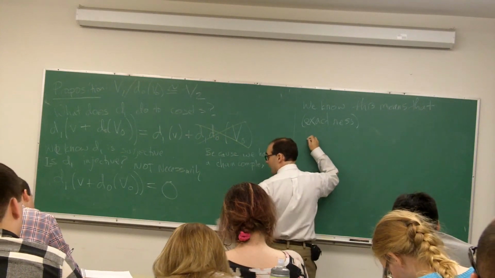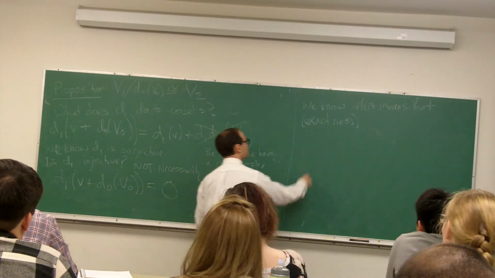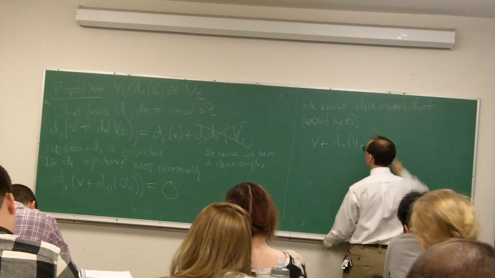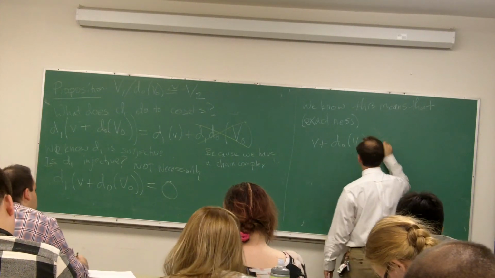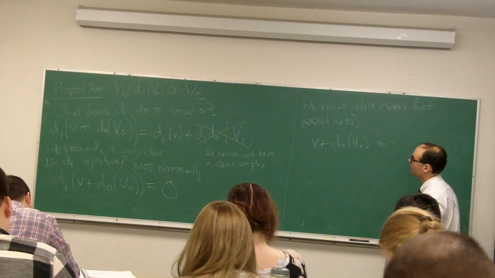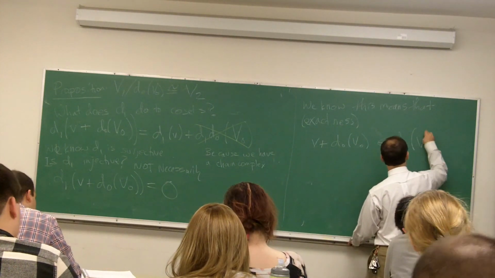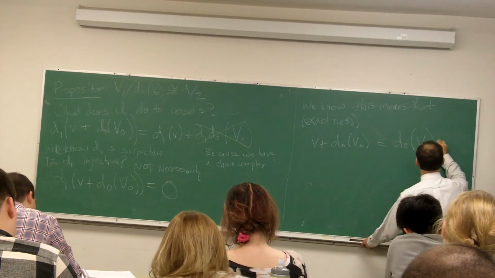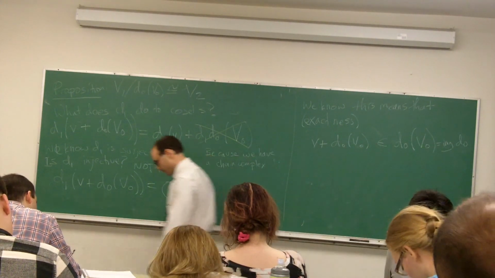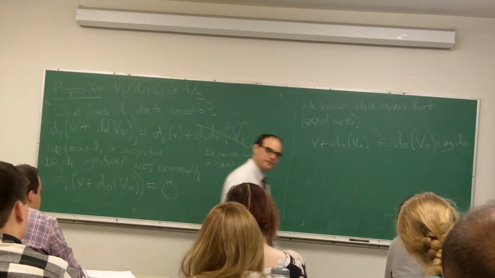This means that if, in fact, I ended up in the kernel of D0, then this means something special about you, D plus D0 plus V0. Where does this thing lie? It's in the image of D0. Oh, wait a moment though. Is the image of V0 a vector space?